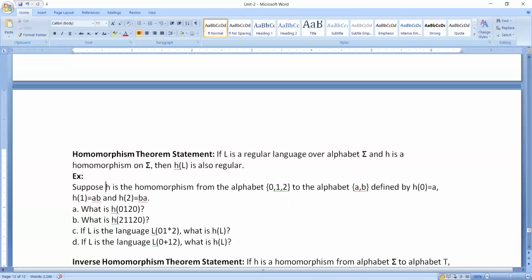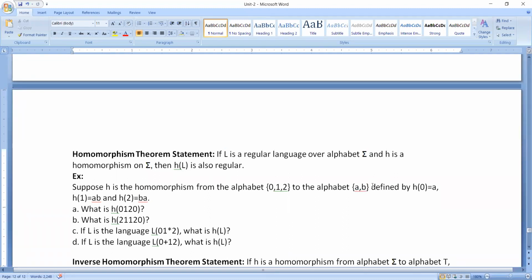Suppose H is a homomorphism from the alphabet 0, 1, 2 to the alphabet a, b, with which our language L can be constructed.